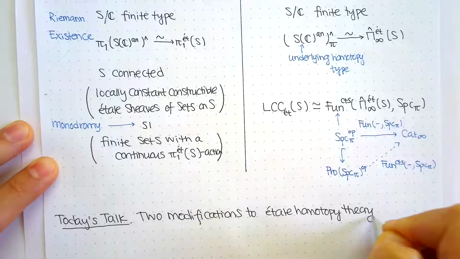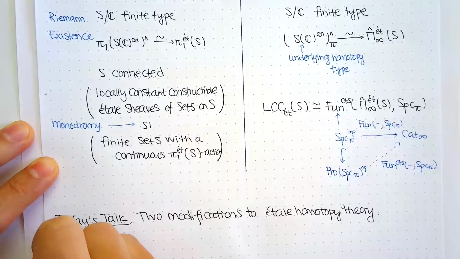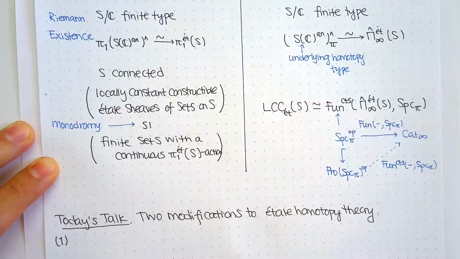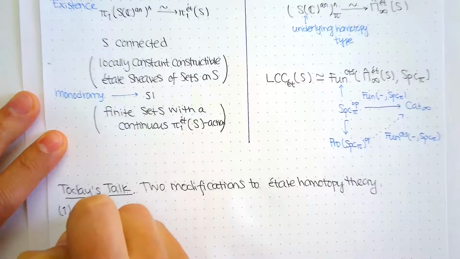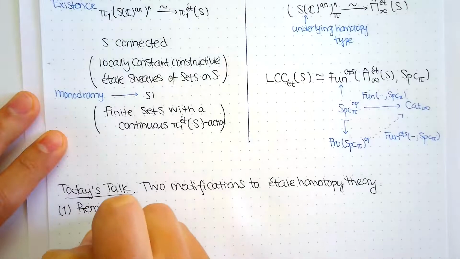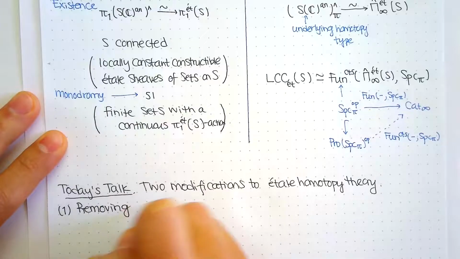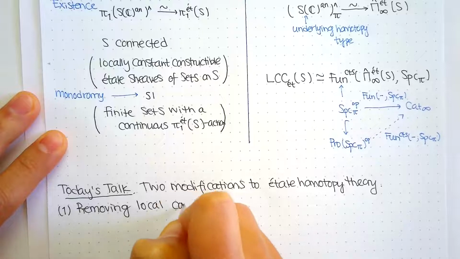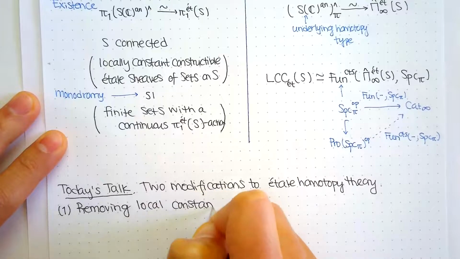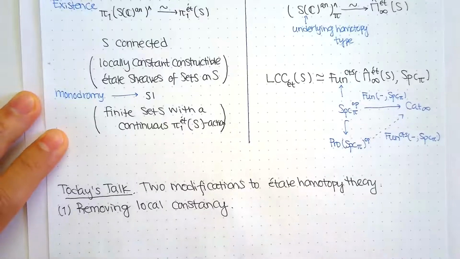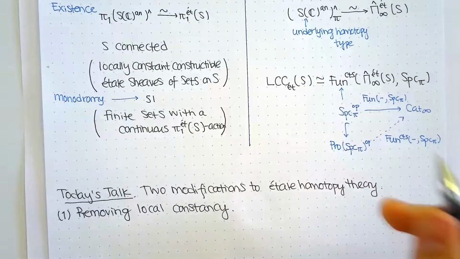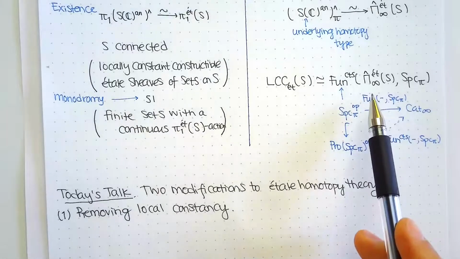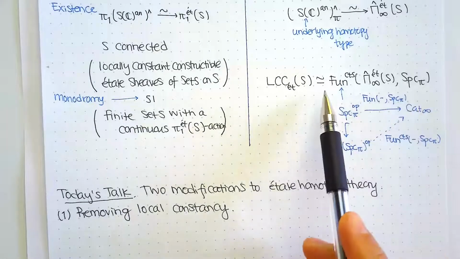So the first modification is going to be about removing the local constancy hypotheses. So it turns out that this profinite Étale homotopy type can actually be defined by this equivalence.